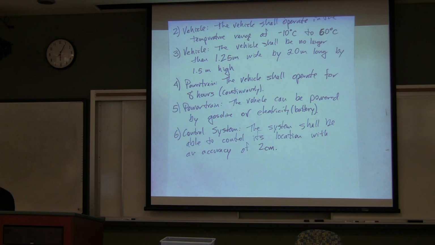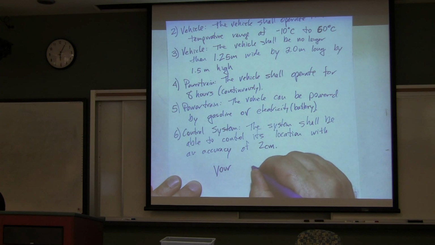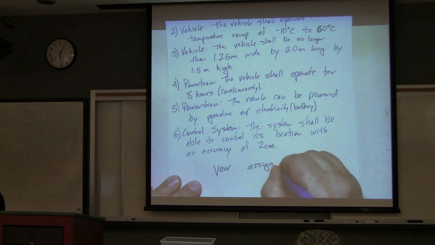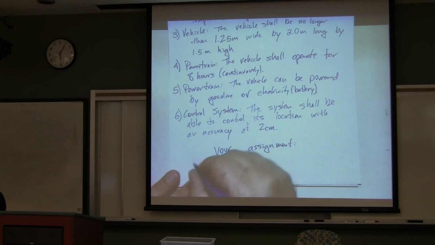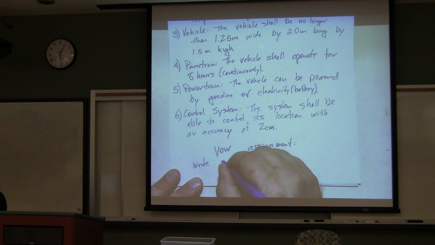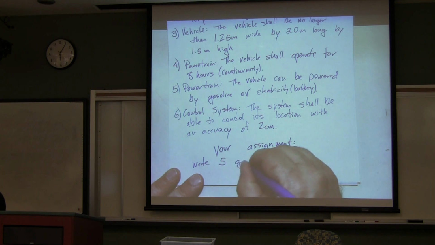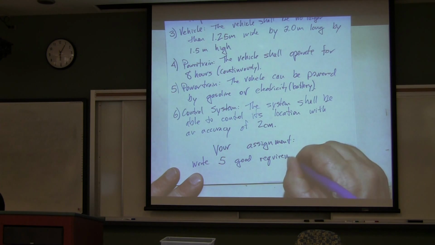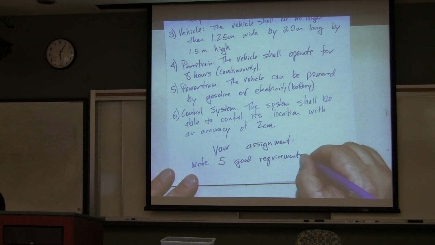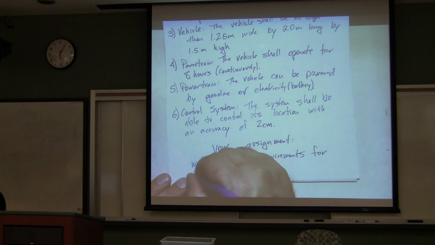So your second part of the quiz is to write 5 good requirements for the control system.